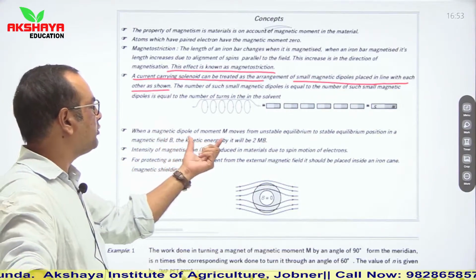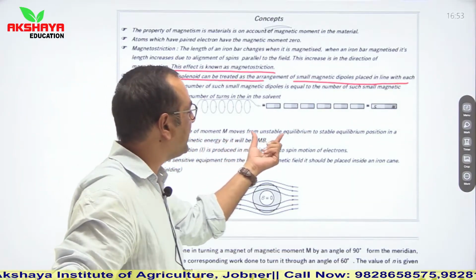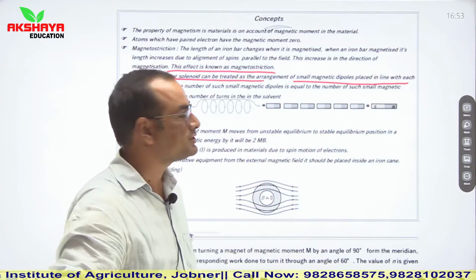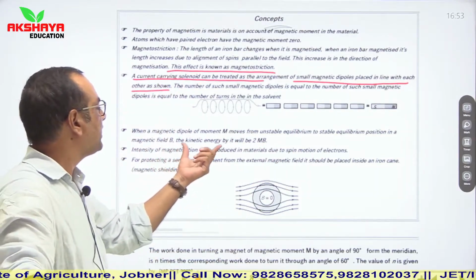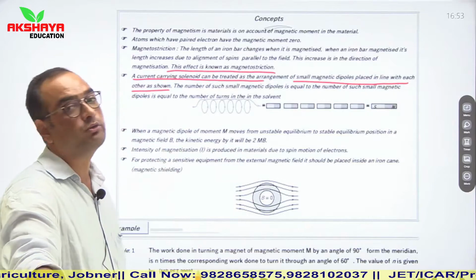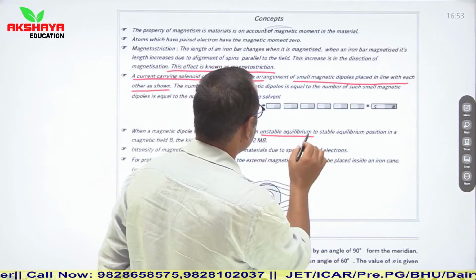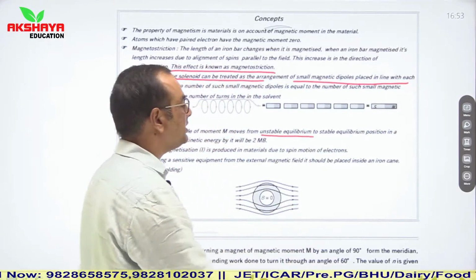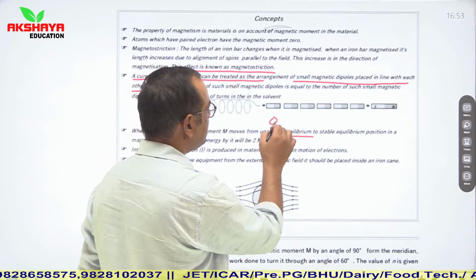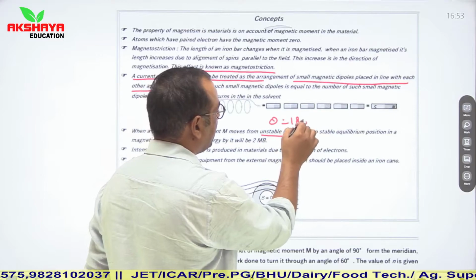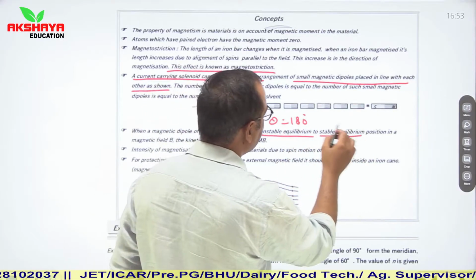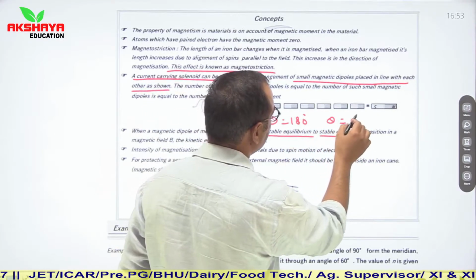When a magnetic dipole of moment M moves from unstable equilibrium to stable equilibrium position in a magnetic field, the kinetic energy gained by it will be 2MB. Unstable equilibrium is at theta is equal to 180 degrees and stable equilibrium is at theta is equal to 0 degrees.